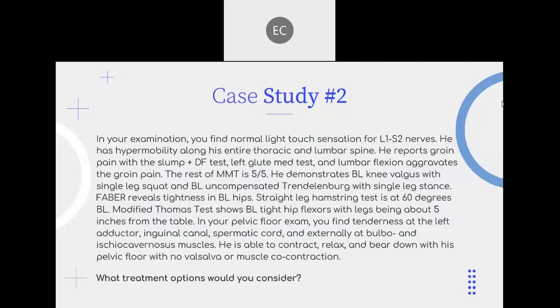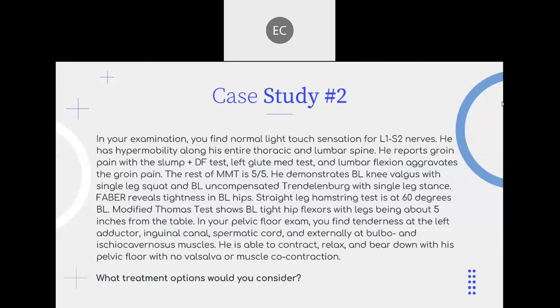You can't break him. He demonstrates bilateral knee valgus with single leg squat and bilateral uncompensated Trendelenburg with single leg stance. FABER reveals tightness in bilateral hips. Straight leg hamstring raise test is at about 60 degrees bilaterally. Modified Thomas test shows bilateral tight hip flexors with legs being almost 5 inches from the table.